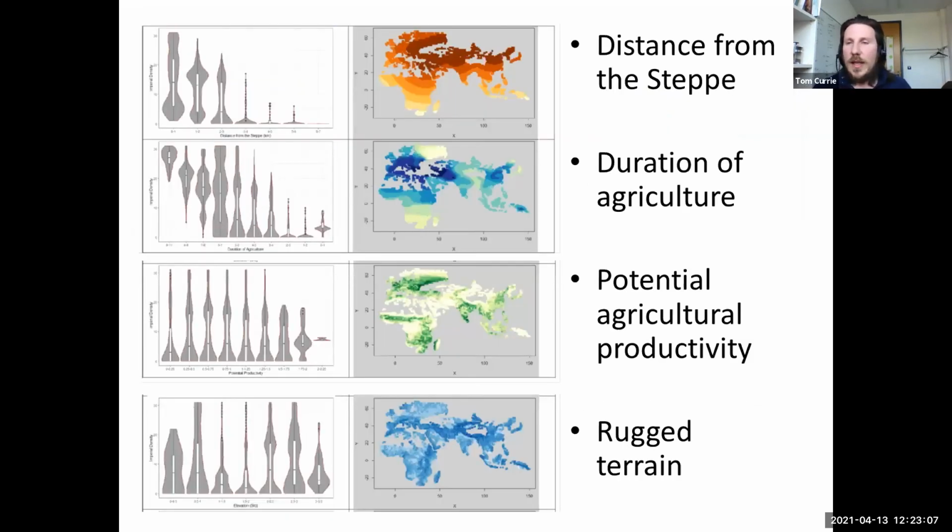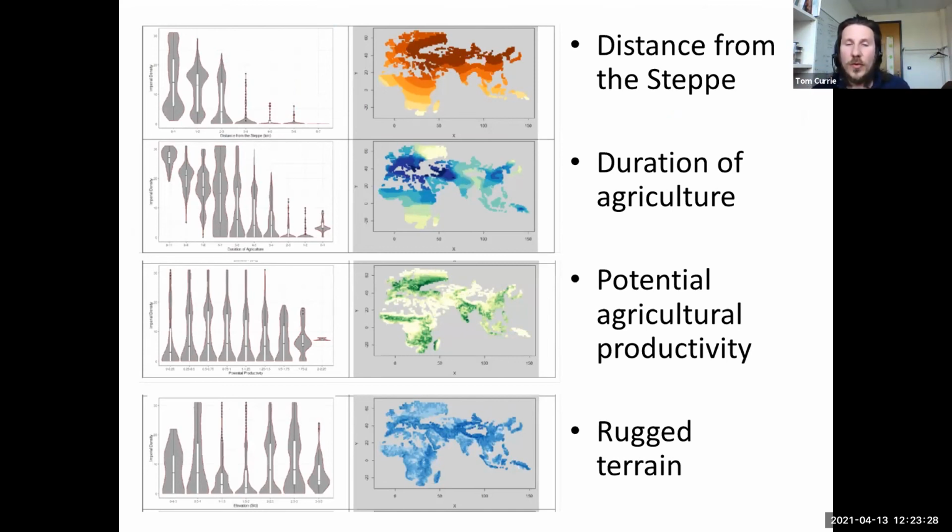So we collated data relating to these hypotheses. We used distance from the steppe as our proxy for the spread of military technology, horse-based military technology. That's what we'd used in the model previously.